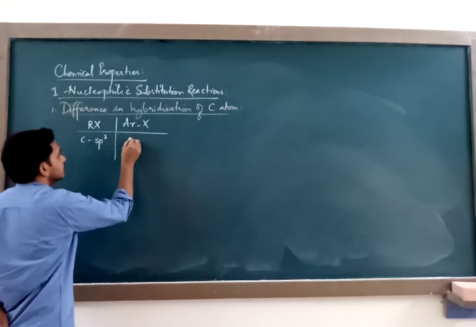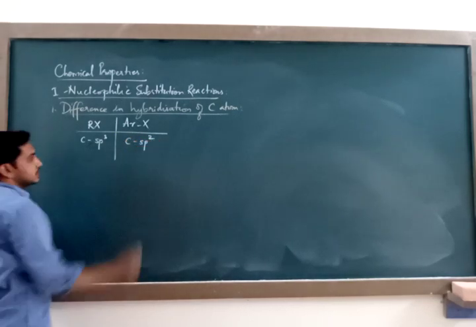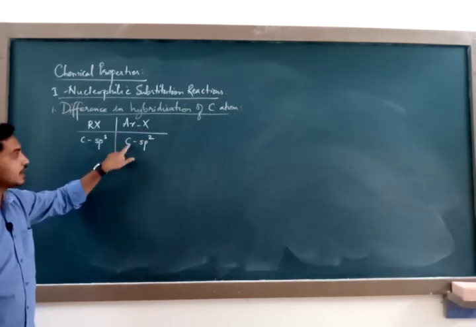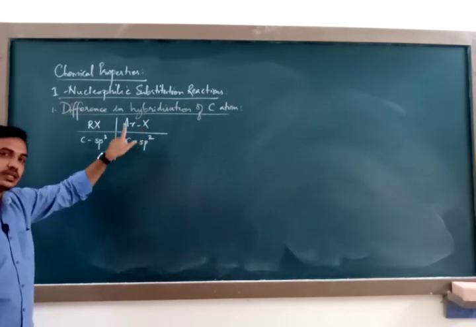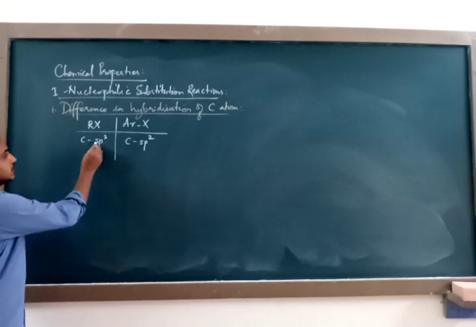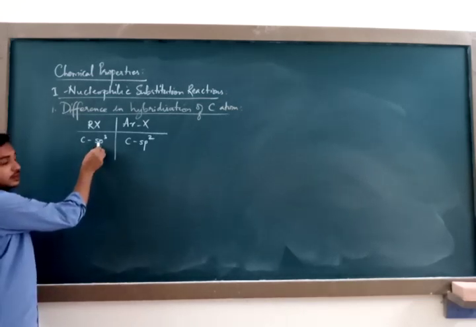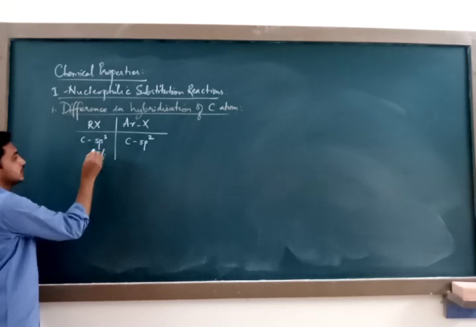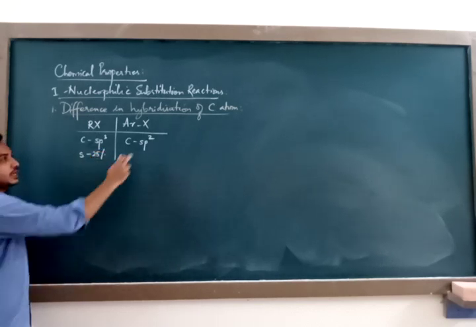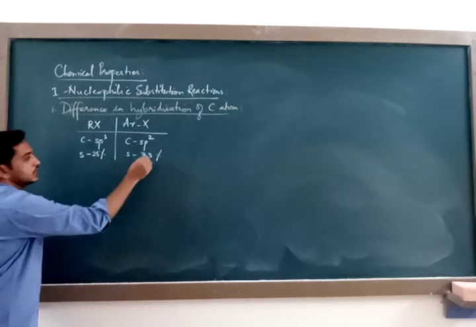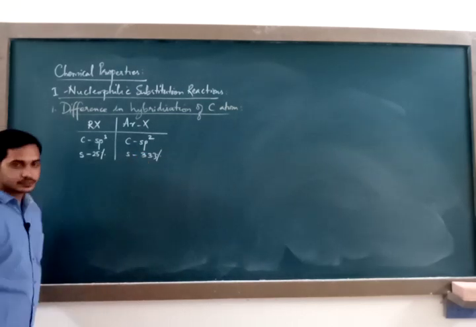Here it is sp2 hybridized. Halogen is attached to a carbon which is sp2 hybridized in haloarenes. So the percentage of s character in sp3 hybridization is 25%. In sp2, s character is 33.3%.